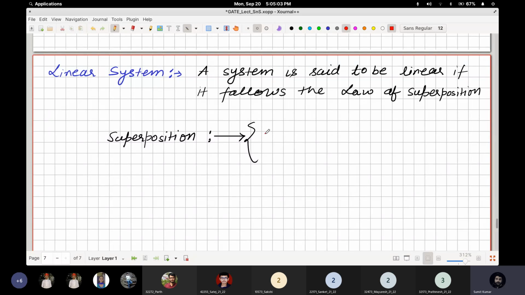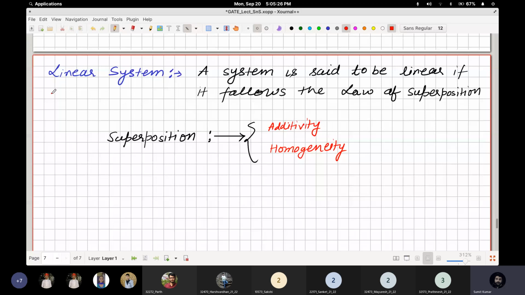The first law is additivity, and the second is homogeneity, or scalability, you can call it. If both of these laws are satisfied, then we can say that the system is linear.